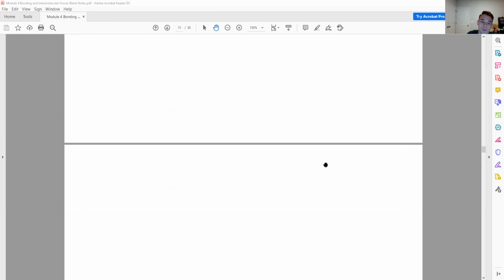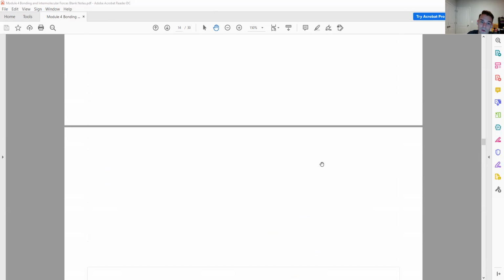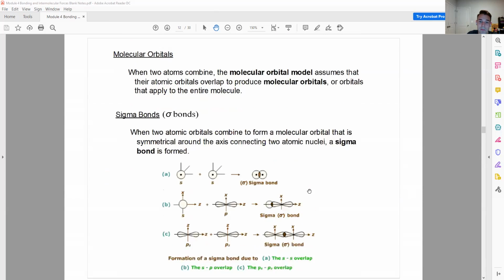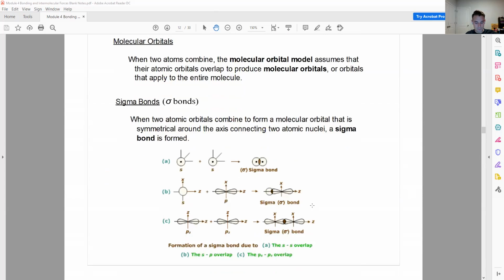Okay, and then just scrolling back up here, we've got one last thing to talk about, and that is the sigma and pi bonds. When 2 atoms combine, it forms a molecular orbital from the atomic orbitals. Basically there's overlapping in s and p orbitals that give us a molecular orbital, an overall orbital.